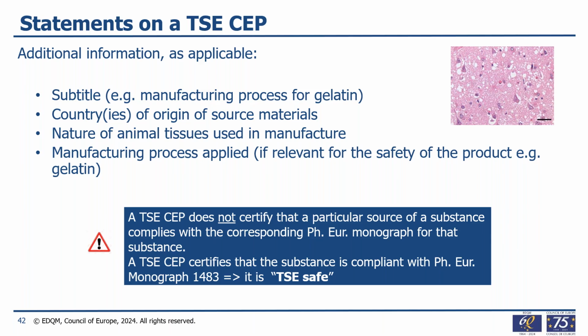So in this case, the CEP certificate does not certify that the particular source of the substance is compliant with the corresponding EP monograph for that substance. It certifies that the substance is TSE free. So it complies with the general monograph 1483 on products with a risk of transmitting animal spongiform encephalopathy.